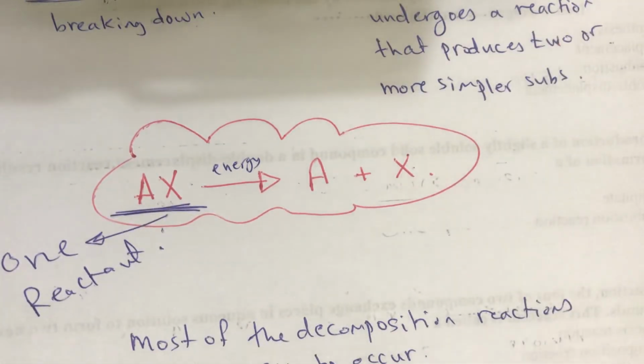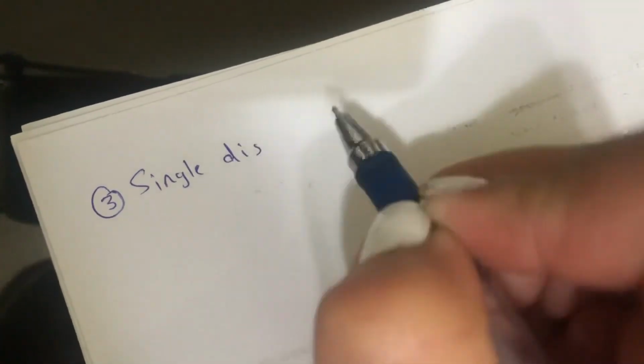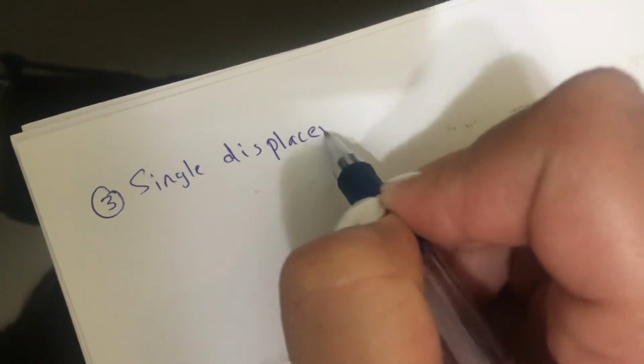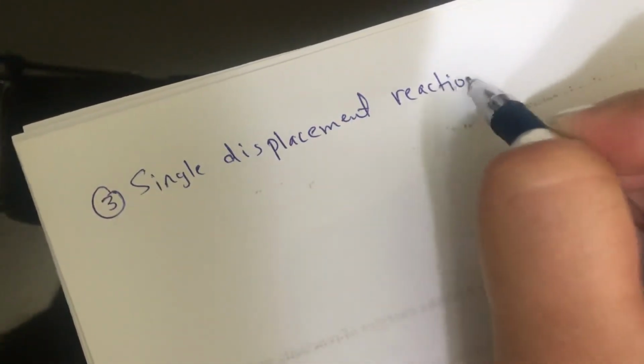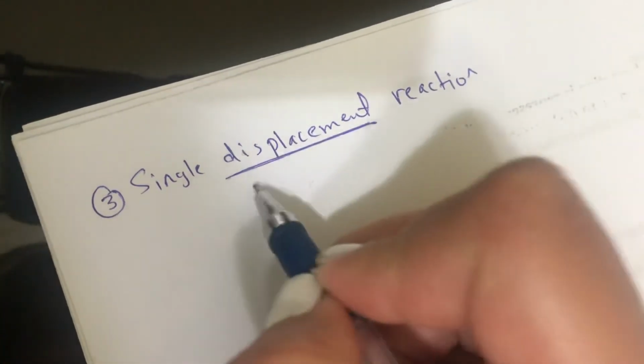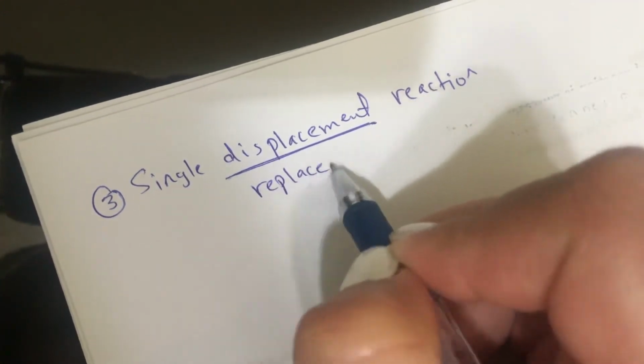Now, the third type of chemical reactions, single displacement reaction. Displacement means replacement.